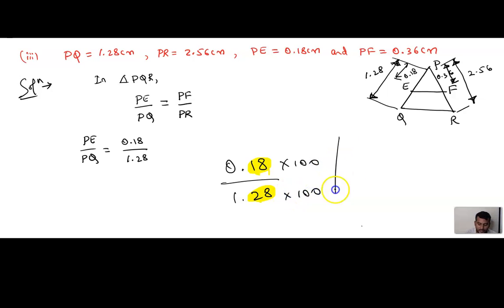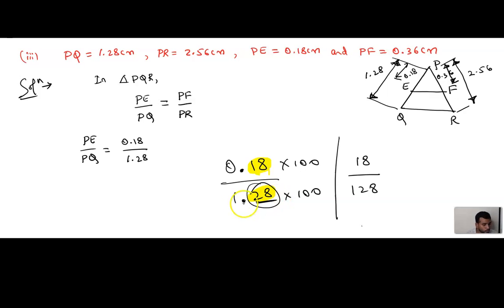If you multiply this, what happens? 0.18 into 100 becomes 18. Divided by 1.28 into 100, it becomes 128. Did you understand? देखो बेटा, ये 0.18 को 100 से मल्टीप्लाई किया तो क्या होता मालूम? 18 हो जाता है. मतलब ये पॉइंट निकाल दिए. We have removed this point. Again, we have removed this point. After 2 digits means these are the 2 zeros.